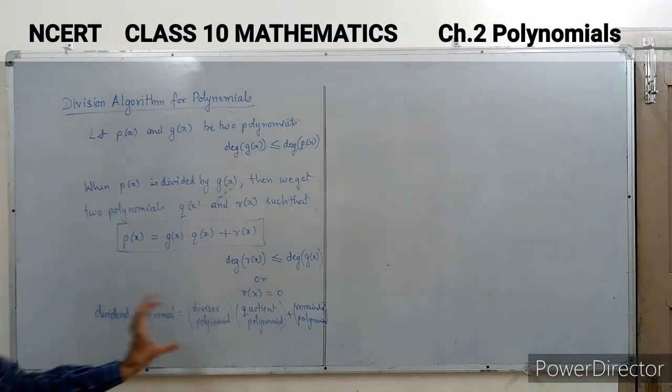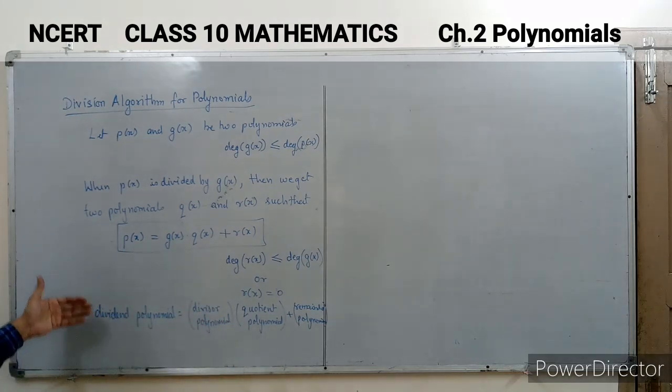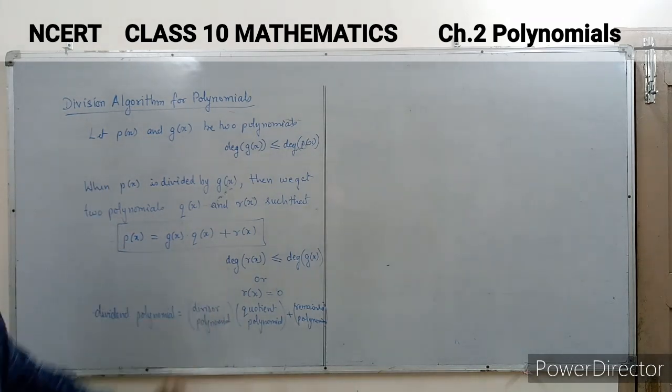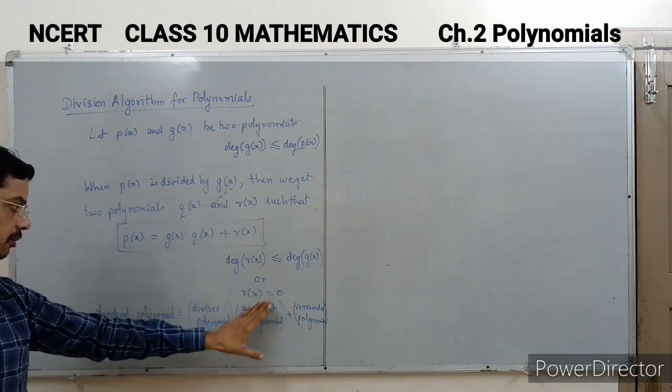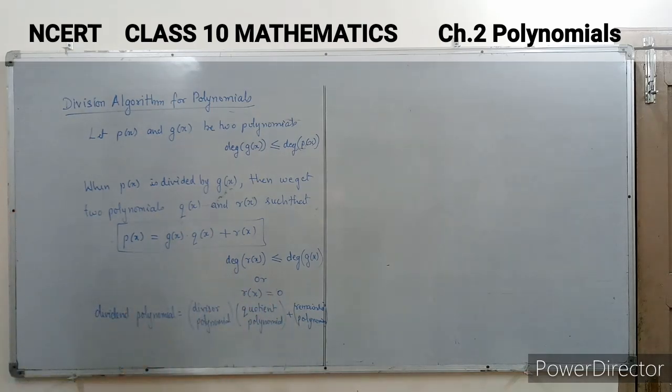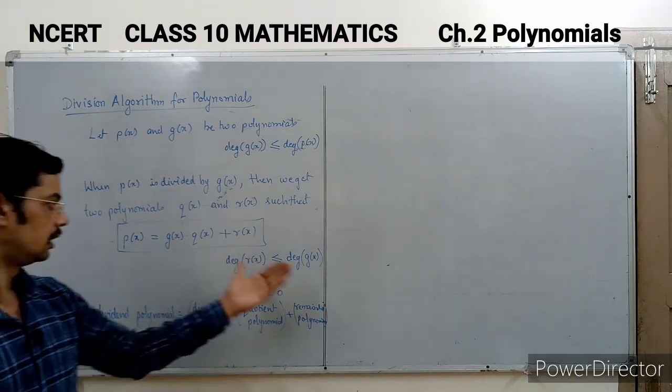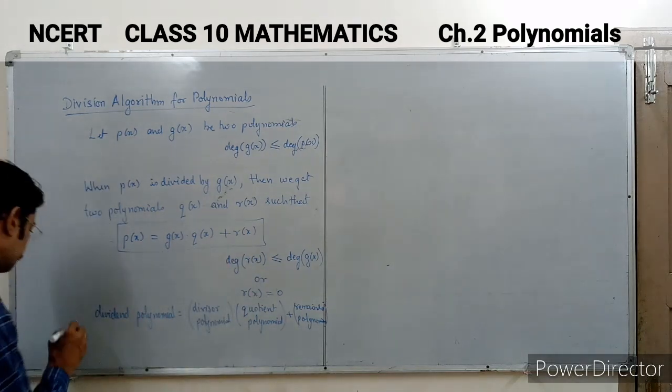Hope this is clear to you, and this is called the division algorithm for polynomials, satisfying this condition. The remainder polynomial can either be 0 or it can have a lesser degree than that of the divisor polynomial.